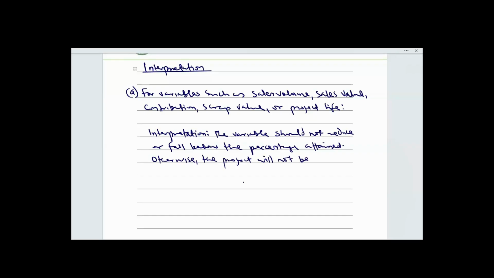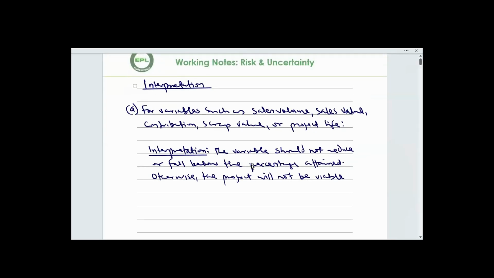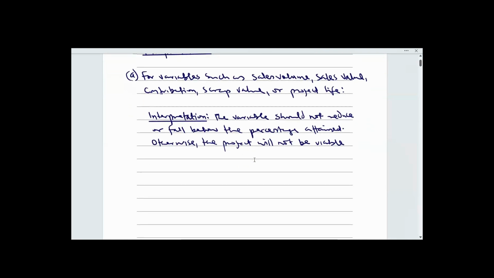So let's say, for example, we have calculated sensitivity margin for initial outlay, and we got 6%. So our interpretation is that the initial outlay should not increase.